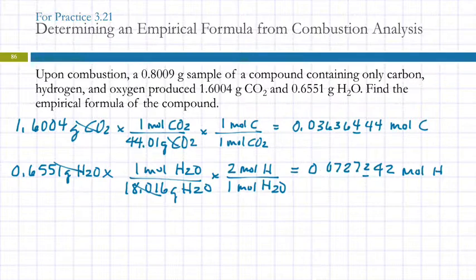This part is the same as the previous problem. And if the compound didn't have oxygen in it, we could just do a ratio and be done with it. But the compound also has oxygen in it, and we have to figure out how much oxygen it has. We can't do it from the CO2 or from the H2O because the oxygens here most likely came from the oxygen that we stuck into the furnace to burn it.